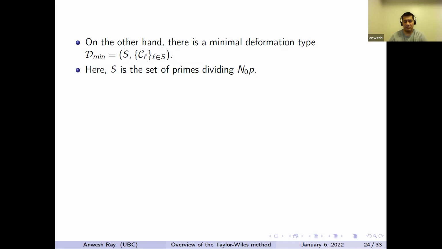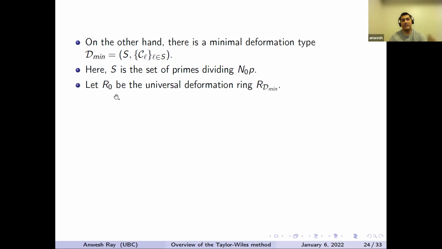And at the primes at P, because of semi-stability, it's either flat, or it's Selmer, in which case there's a very nice representation theoretic choice of deformation condition. So one can specify these deformation conditions very precisely, but I'm not going to do that in this lecture. I'm just going to try and move on to the global argument here.